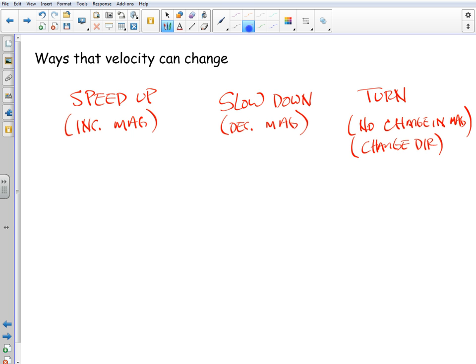So there's three possible ways to change your velocity. In your car, there are three things that you can change velocity with. You could hit the gas pedal, you could hit the brake, or you could turn the steering wheel. In a physics classroom, every single one of those would produce a vector called acceleration.